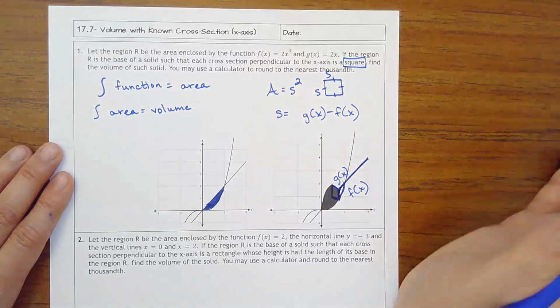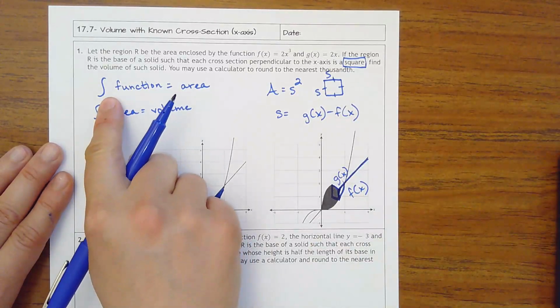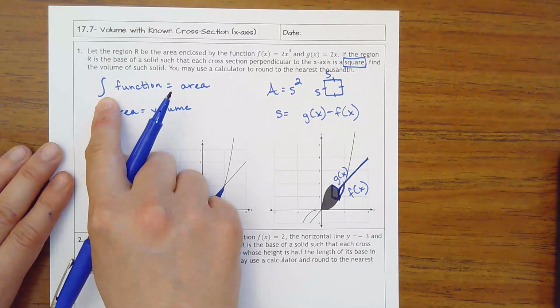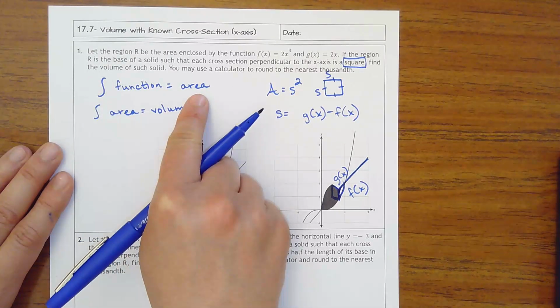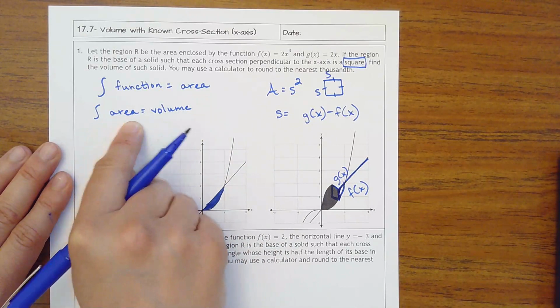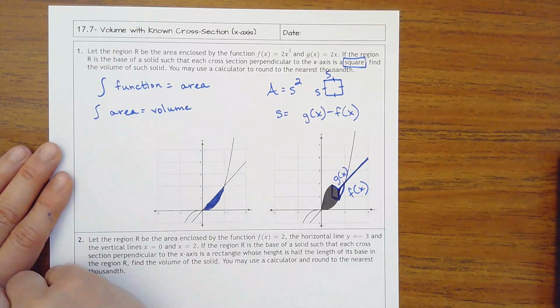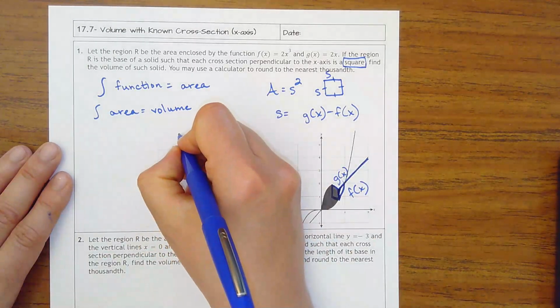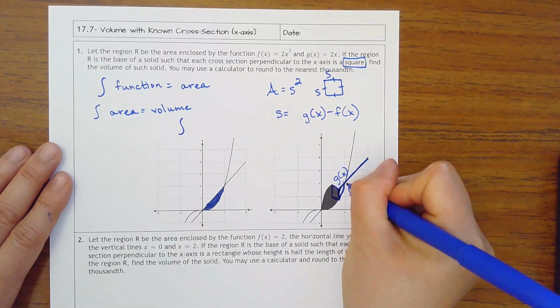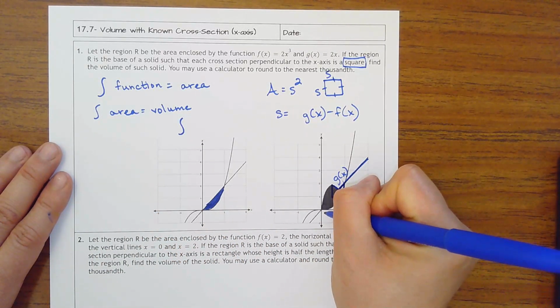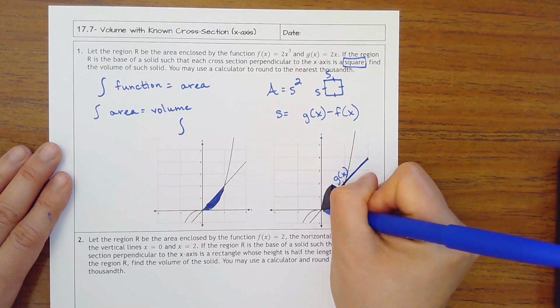Okay, so then I'm going to antiderive that. So this kind of helps me think of, if I am taking the antiderivative of a function, like I did two lessons ago, that got me area. Well, if I can antiderive area, that actually gets me volume. So I want to take the antiderivative, and I'll have to find this point of intersection here. I'm sure this is probably 0 here.